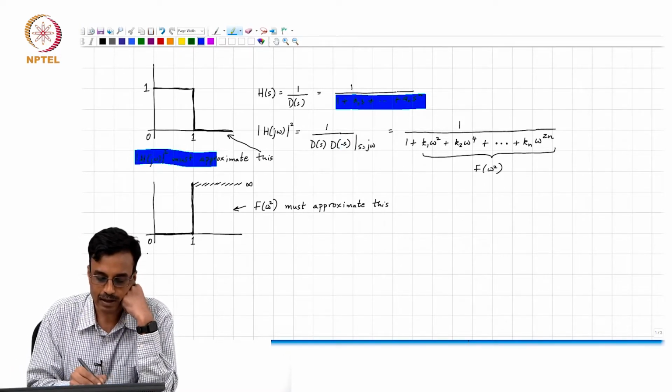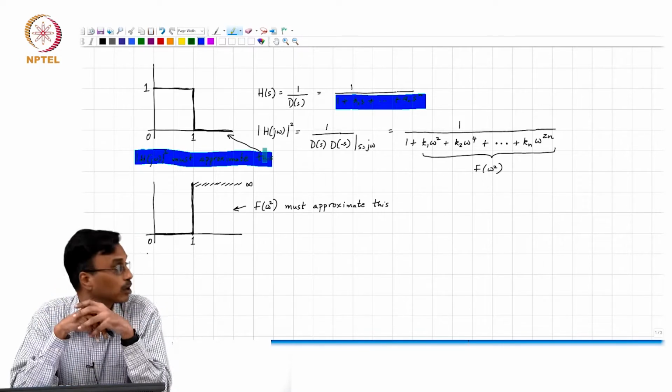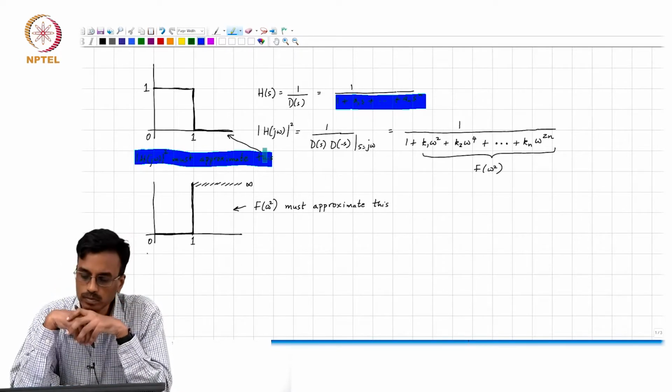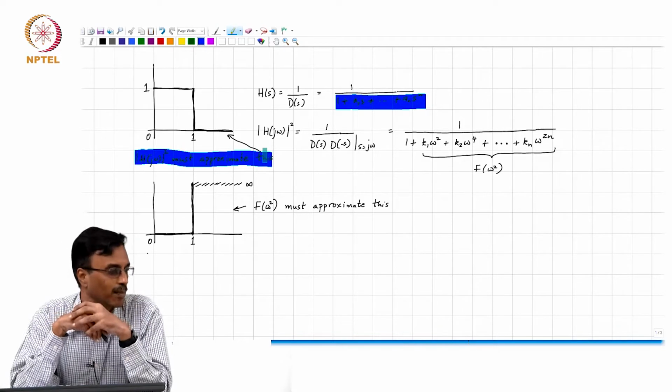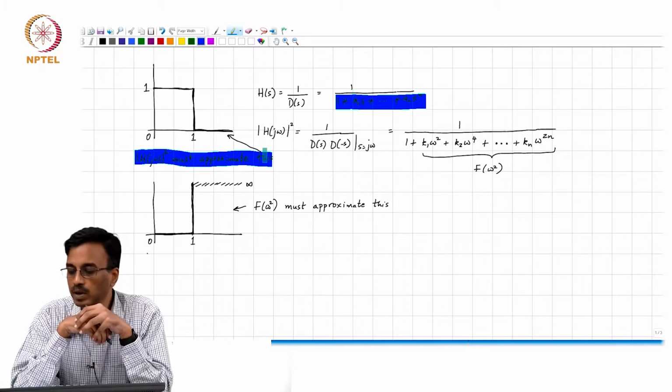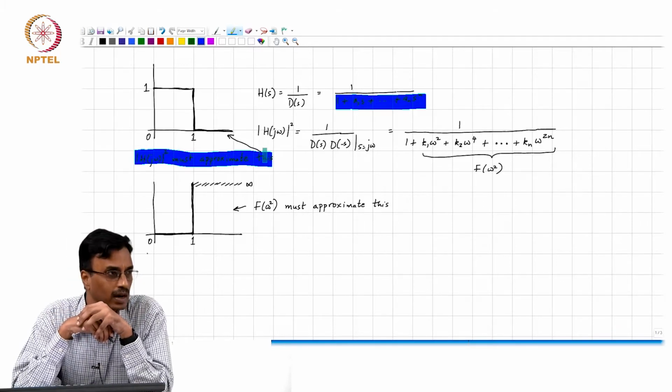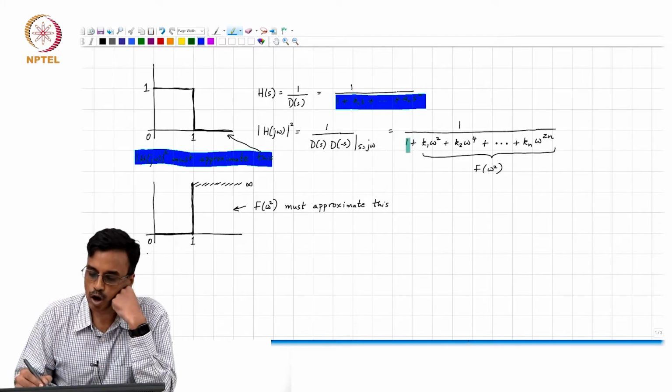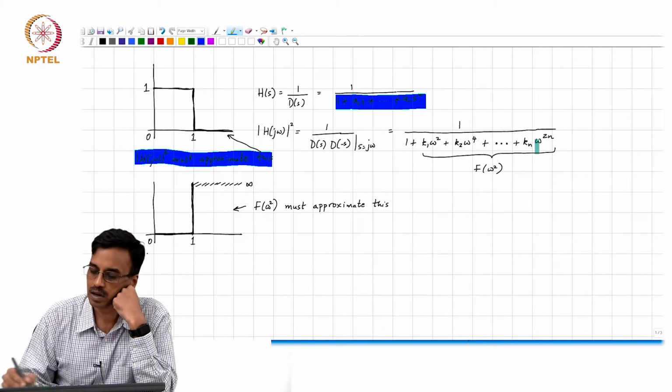So, in other words, the squared magnitude response must approximate the ideal brick wall, and since the magnitude squared of any transfer function is simply an even function of omega, it must follow that the denominator polynomial must be an even polynomial.